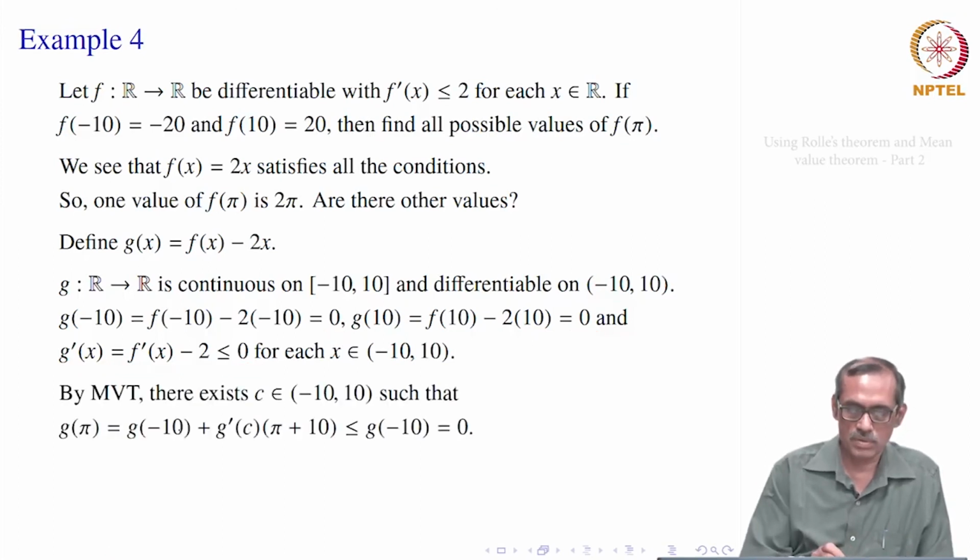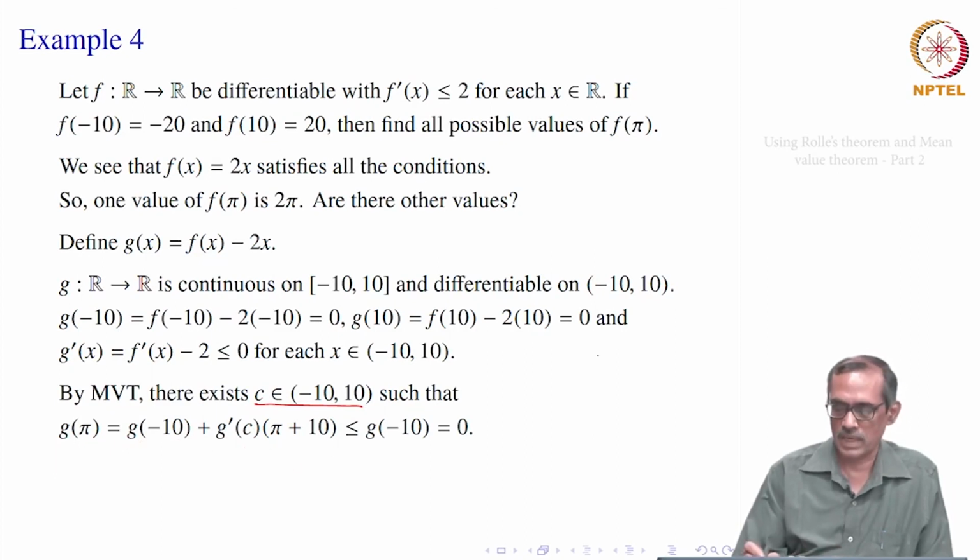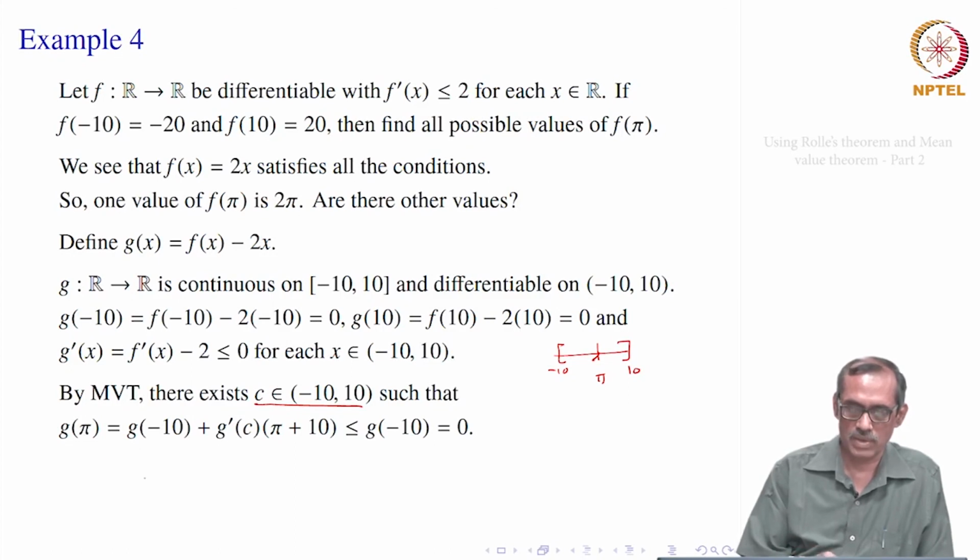Now, if you use mean value theorem, you should get one c such that g of pi equal to g of minus 10 plus g prime c into pi plus 10. See, we have the interval minus 10 to 10 where pi lies somewhere. So, we are using mean value theorem and we get c in minus 10 to 10 such that g of pi is equal to g of minus 10 plus g prime c times the length.